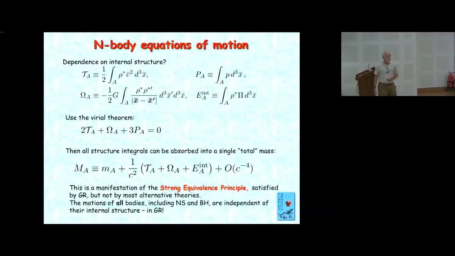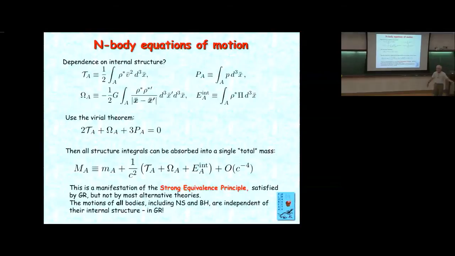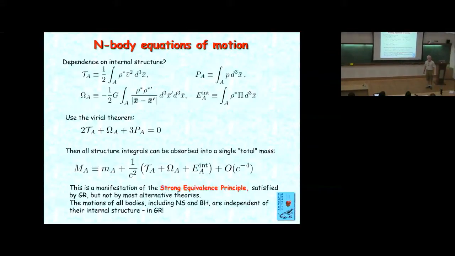There are a few calculations that have been done, notably by Peter Death and others, in very specialized circumstances that show, for example, that the acceleration of a black hole in an external field doesn't depend on its mass at all. So we don't know for sure if this is valid at all orders and for all cases, but at least certainly through high post-Newtonian orders, we know that it's true.